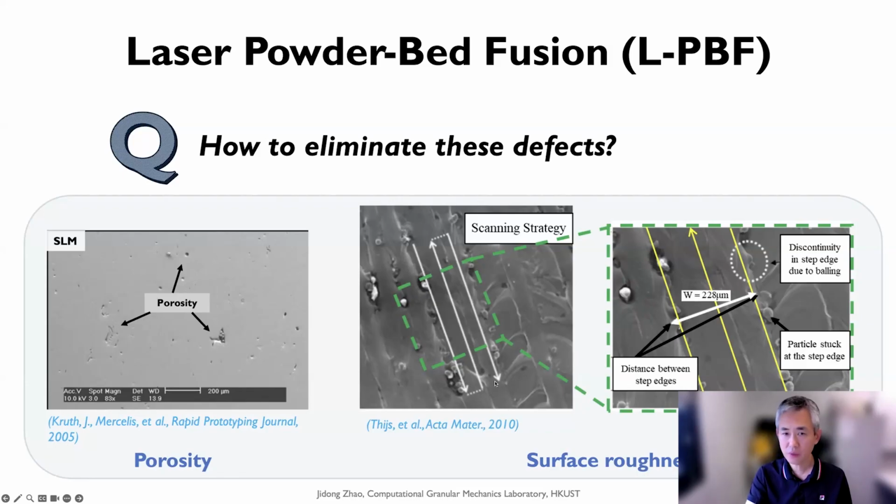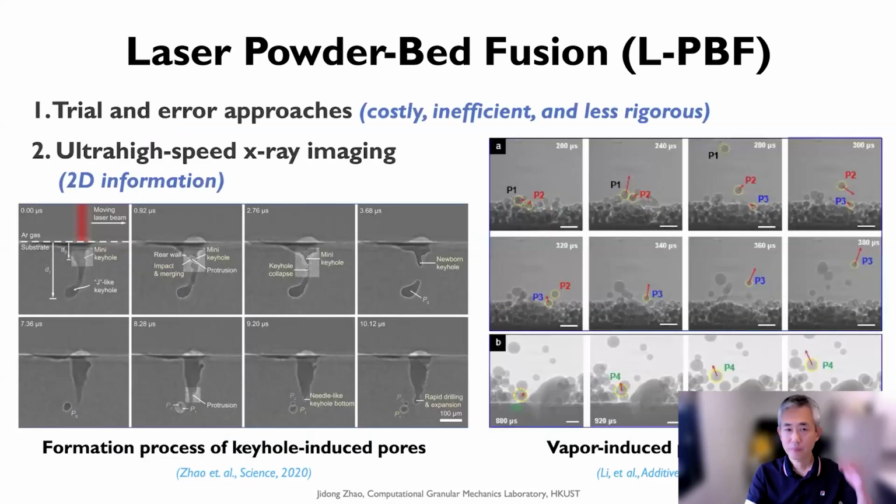Okay, so how can we do that here? That is a question indeed. That's the challenge posed for this laser additive manufacturing. So how does the current practice work to reduce the porosity, reduce the defects, reduce the surface roughness? They typically do trial and error, right?